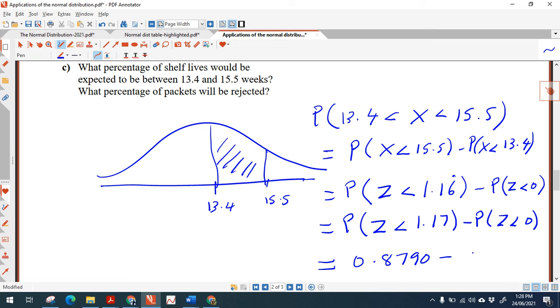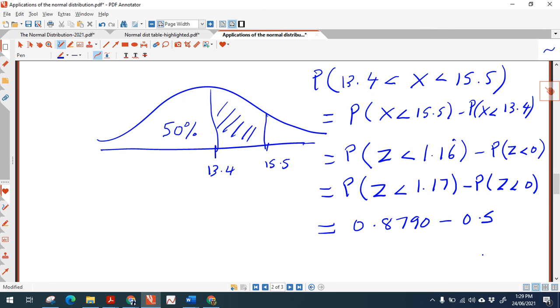We don't even need to look this up in the Z table because we know that 50% of the data lies below the mean. So we know the probability that Z is less than 0 is 0.5. Now, that should give you an answer of 0.379.